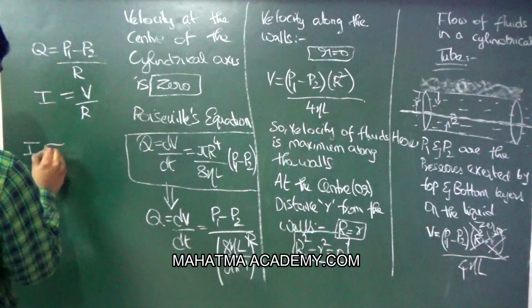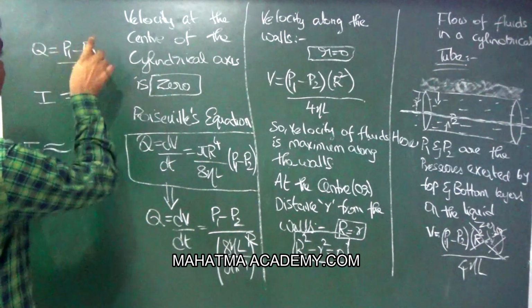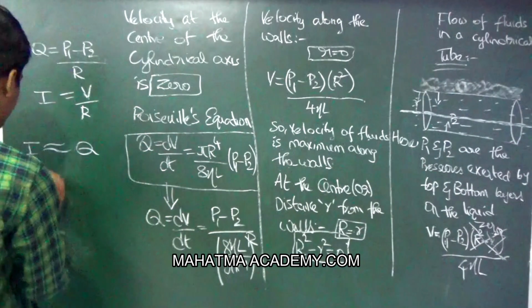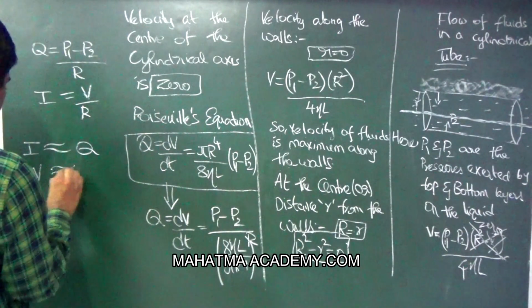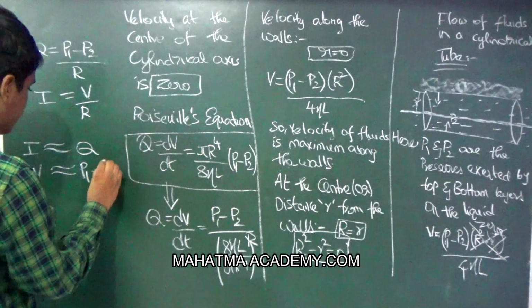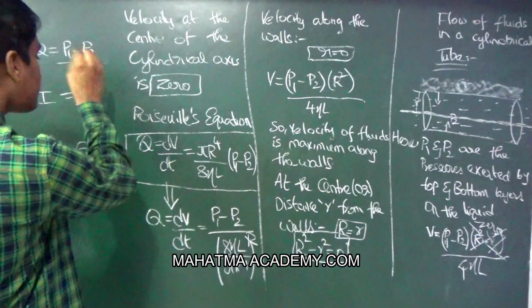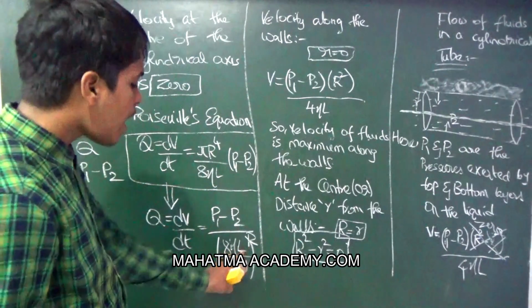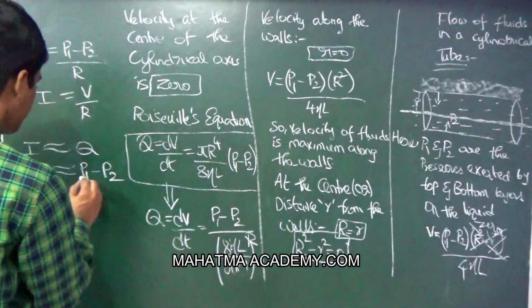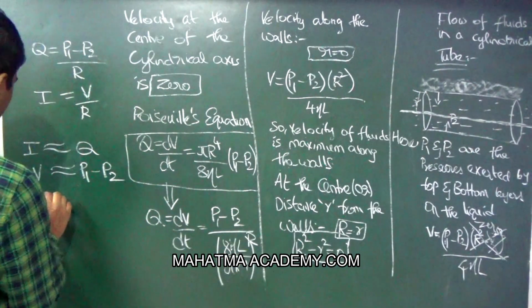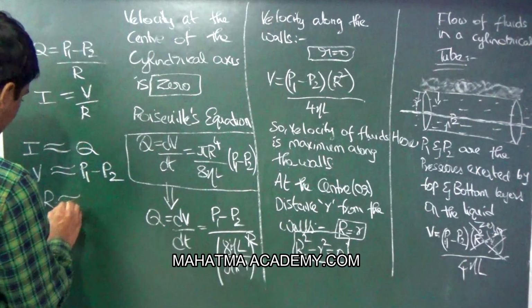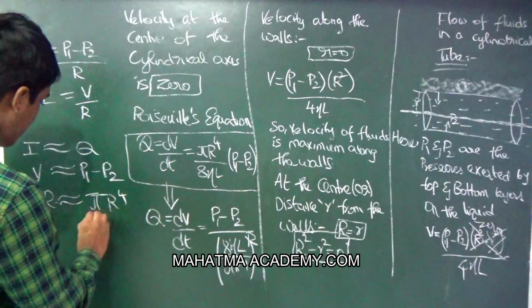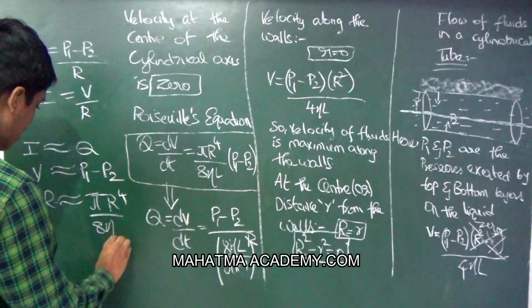I is equivalent to Q. And here voltage is equal to pressure difference, V is equal to P1 minus P2. And the resistance is equal to this term, that means 8 eta L upon pi r to the power of 4. And R is equivalent to 8 eta L upon pi r to the power of 4.